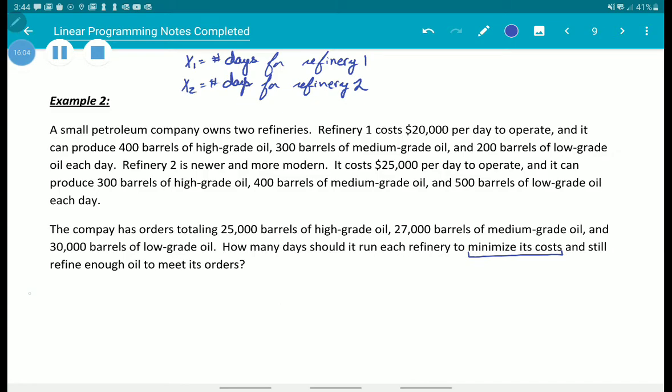So our goal here is to minimize the objective, and I'm going to use W here. We want to minimize our cost. Well, it's going to cost us $20,000 a day for refinery 1 and $25,000 a day for refinery 2.